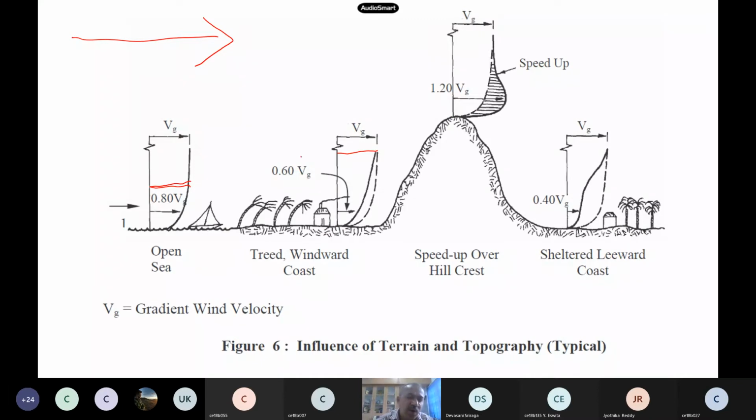Another important thing was Vg, the gradient wind speed. In all these cases, it is less than this Vg, 0.8 or 0.6. But when you're located on the top of the mountain, there is a chance that it may get amplification also. So this is a very important thing. Topography amplification, we say. So compared to Vg, here you will see very high speeds, actually 1.2 times Vg.